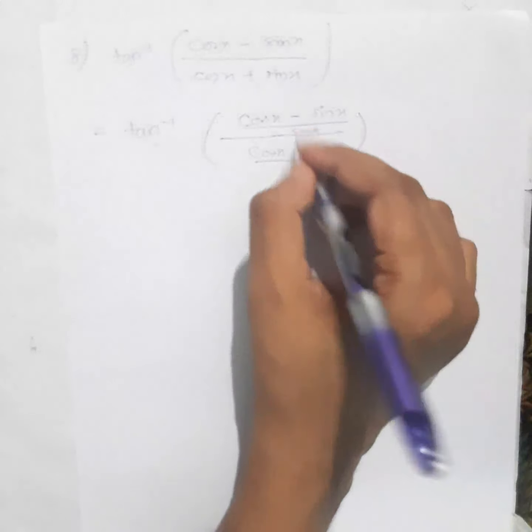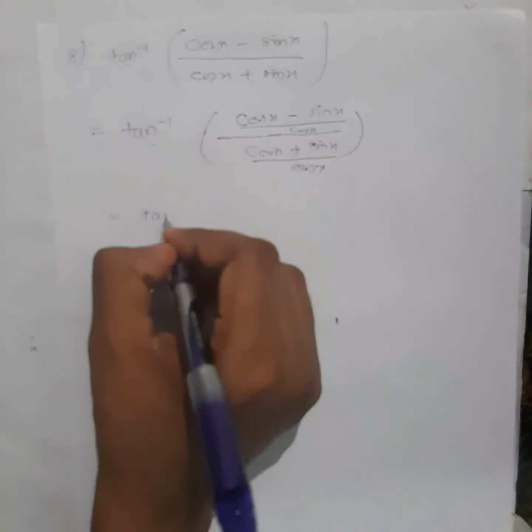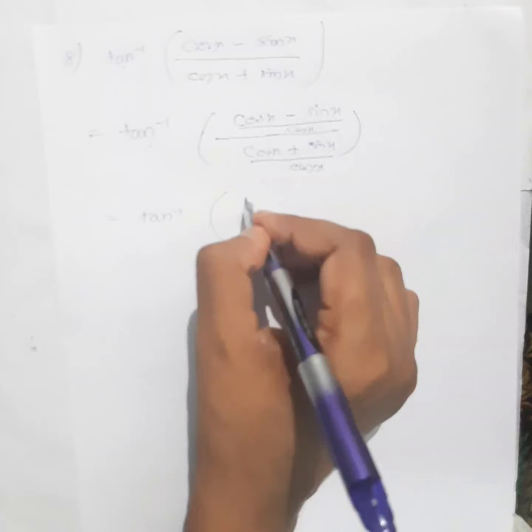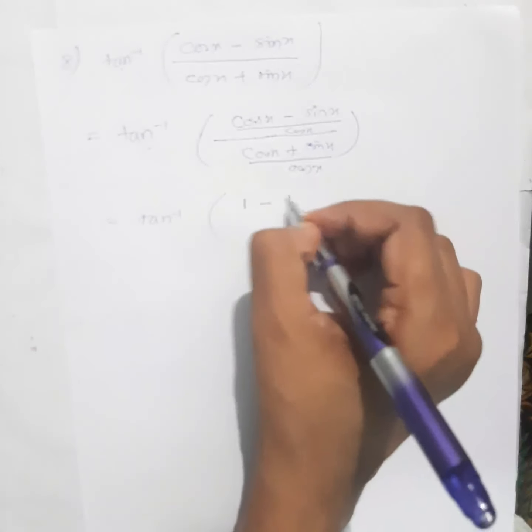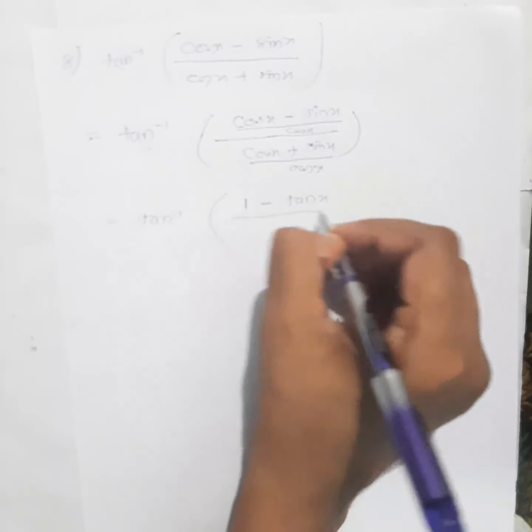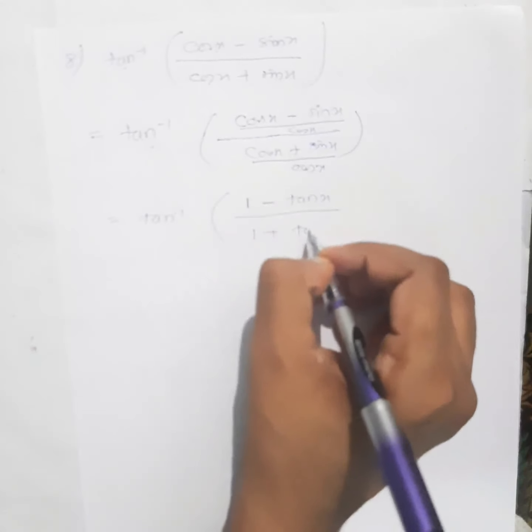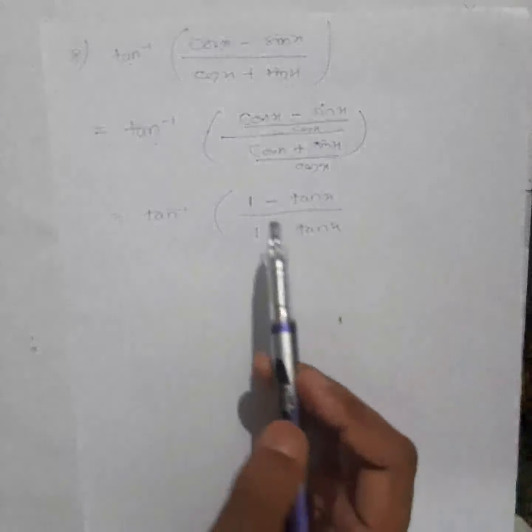So see what will happen. You will get tan inverse of (1 minus tan x) by (1 plus tan x). Now remember, you have an identity like this.